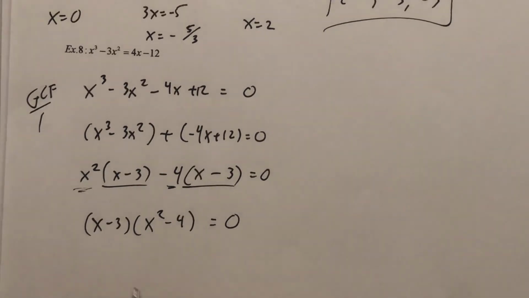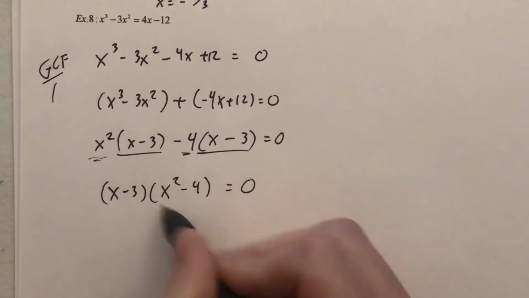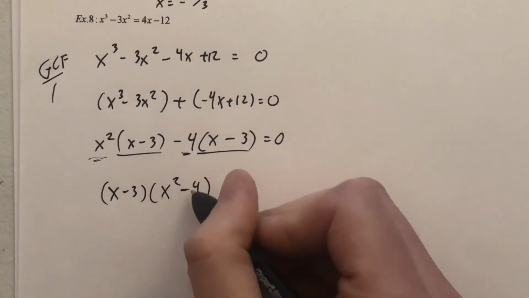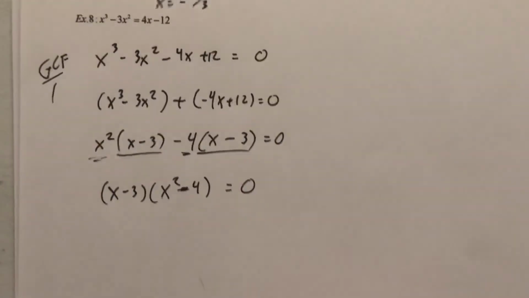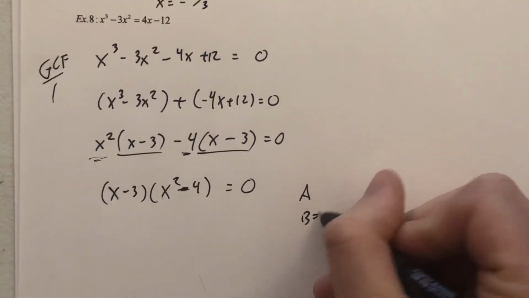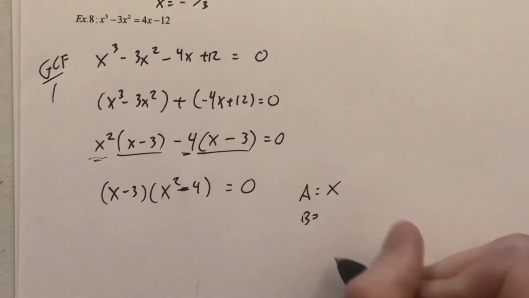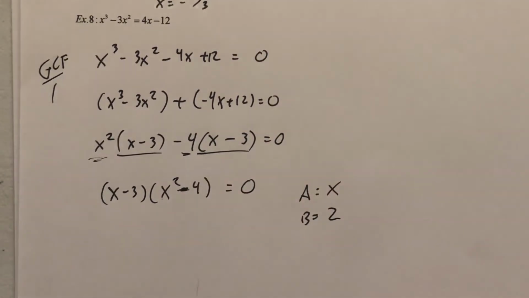Now, the issue is we're not done because we do not have only linear factors yet. We need to keep going. This right here needs to break down further. Now, x squared minus 4, 2 terms with a subtraction, and those are both squares. So we're looking at another example of a difference of squares. The thing you square to get x squared is x. The thing you square to get a 4 is a 2.